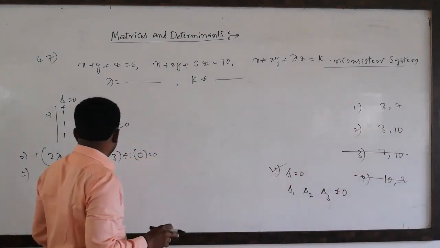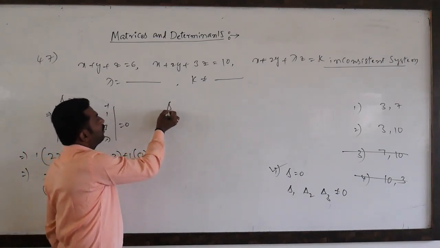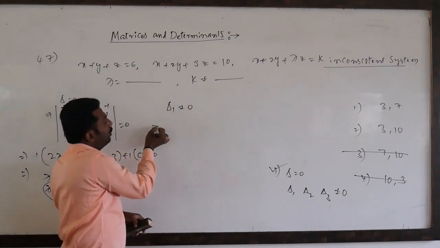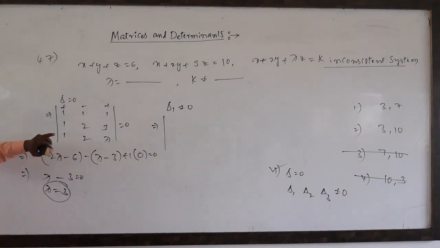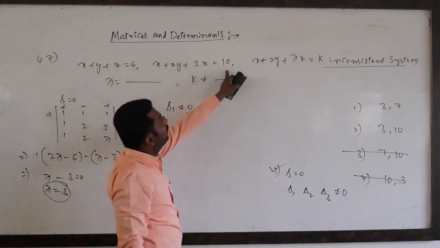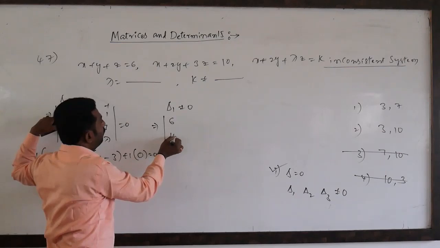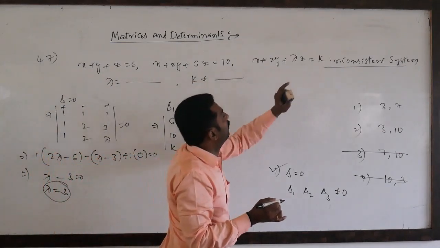Next. Lambda is 3 we got, then k, delta 1 we have to calculate. Delta 1 is not equal to 0, I am taking. How to write delta 1? In delta, the first column is replaced by the right side constant terms 6, 10, k.